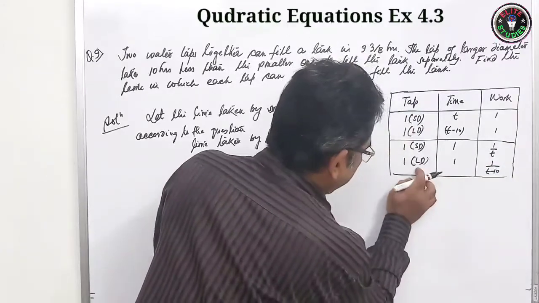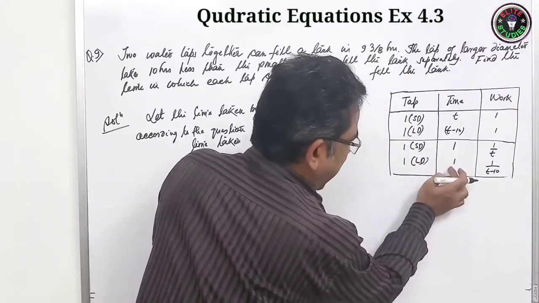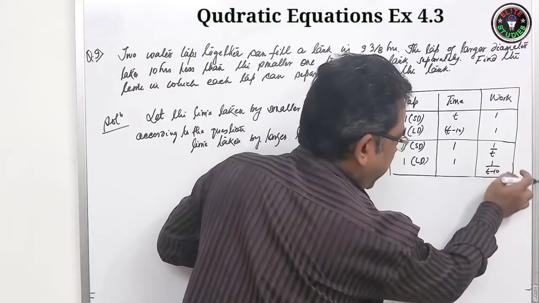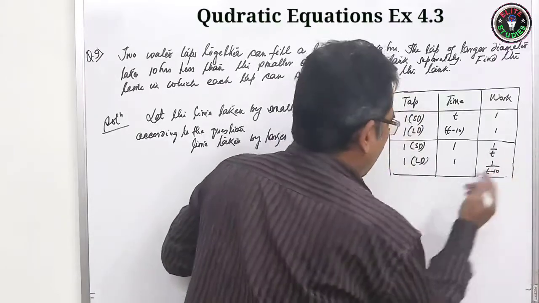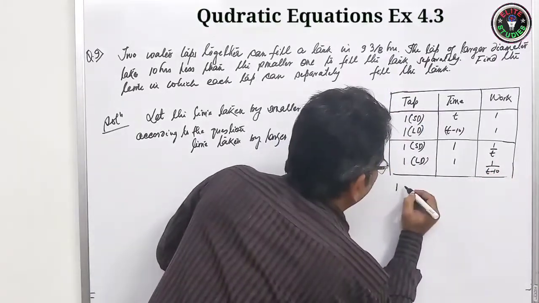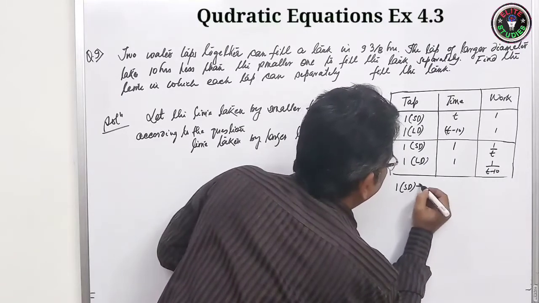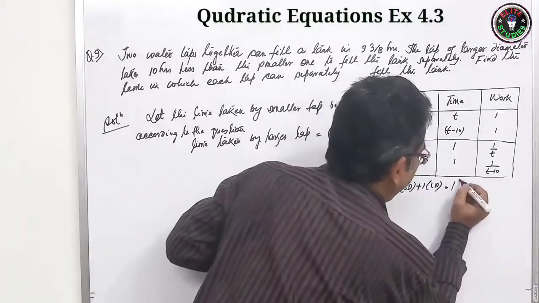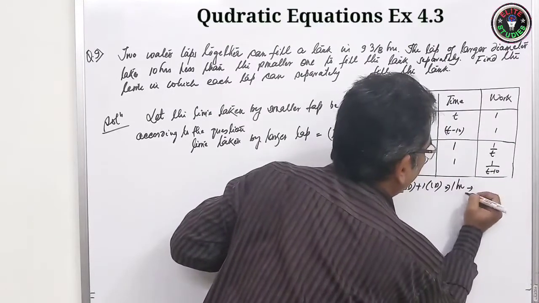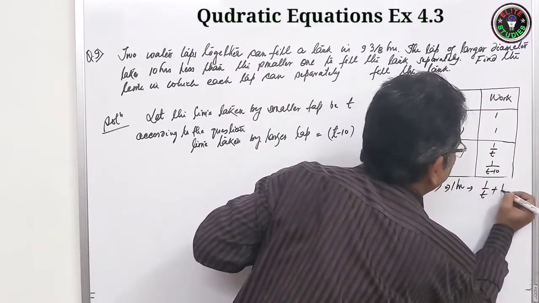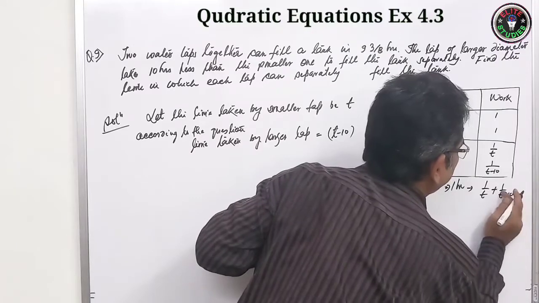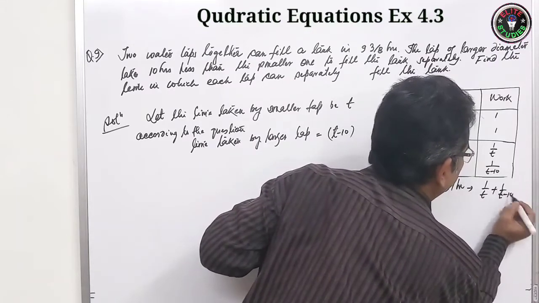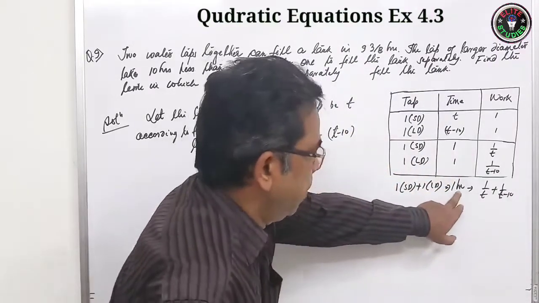Similarly, the larger diameter tap in 1 hour will fill 1 by T minus 10 of the tank. So together, the smaller diameter plus the larger diameter tap, in 1 hour, will do 1 by T plus 1 by T minus 10. This is the work done by them in 1 hour.